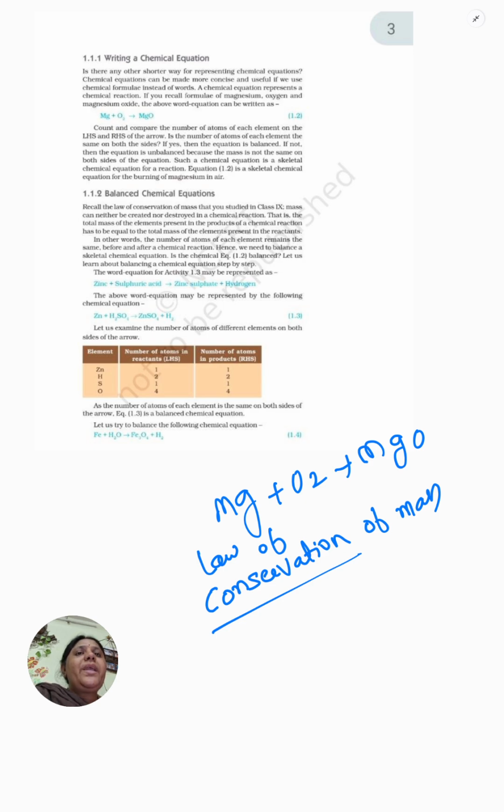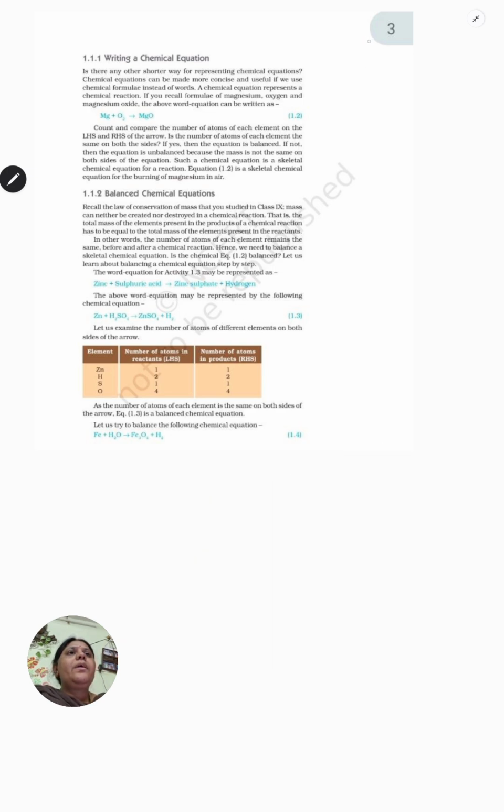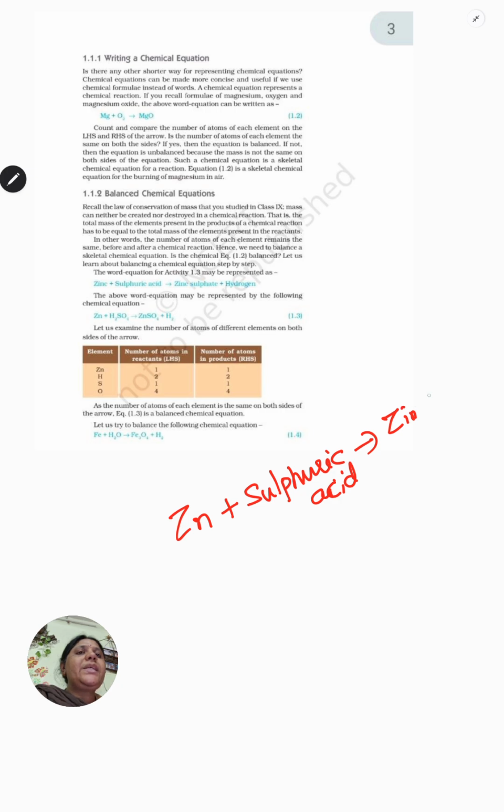That's why you always have to take care that whatever chemical equation you take, it has to be balanced. For example, here one equation is given. Zinc and sulfuric acid both react to get zinc sulfate plus hydrogen.